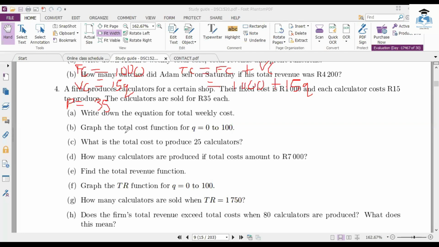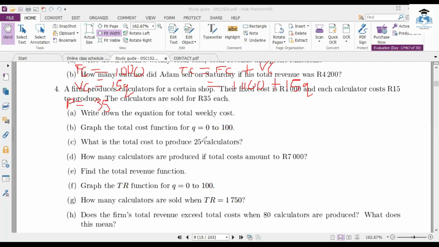All right, now it says graph the total cost function for Q from 0 to 100. What you need are normally two coordinates only. So we have this function.